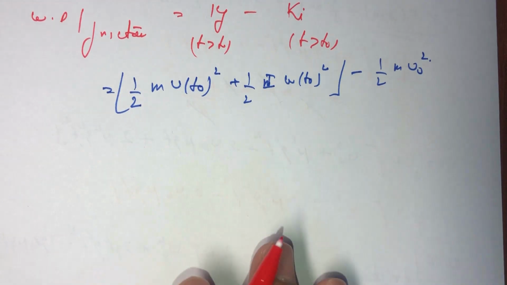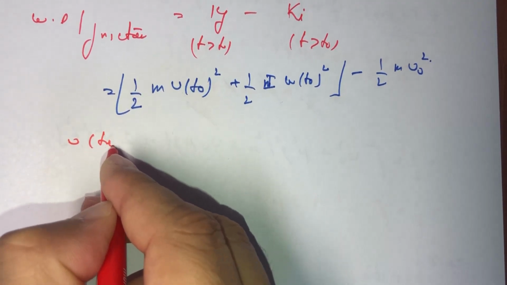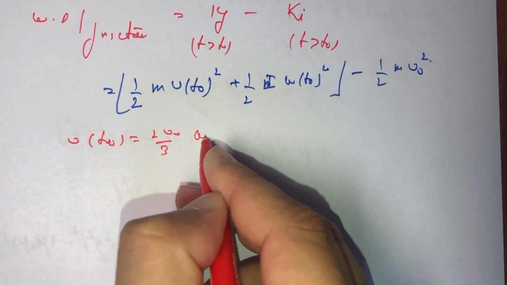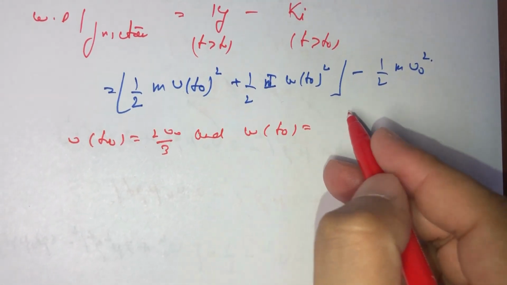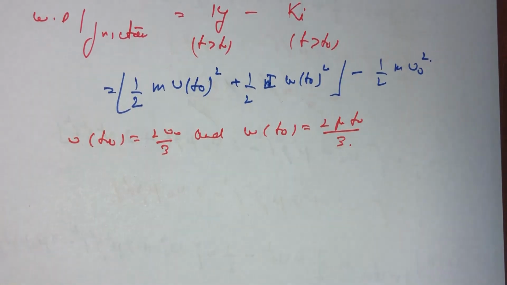We already know that the velocity at t naught is given as 2 v naught by 3, and the angular velocity at t naught is also given as 2 mu g t naught divided by 3.